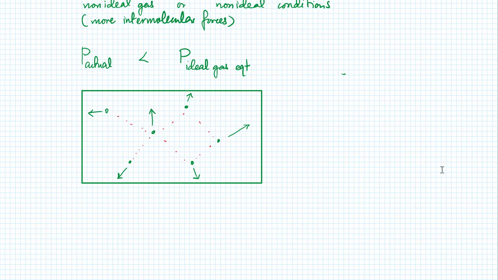So if this particle is going to go and hit the container, the other particles are pulling it backward, in the opposite direction. So the particle slows down, and hence less pressure is exerted.